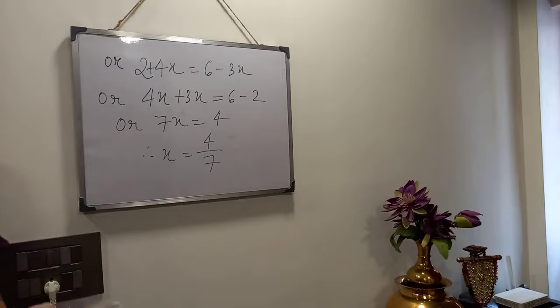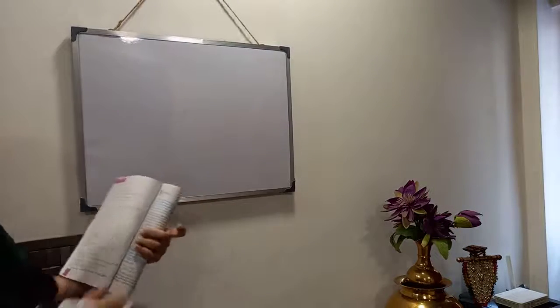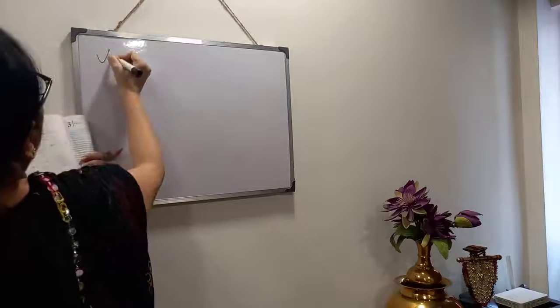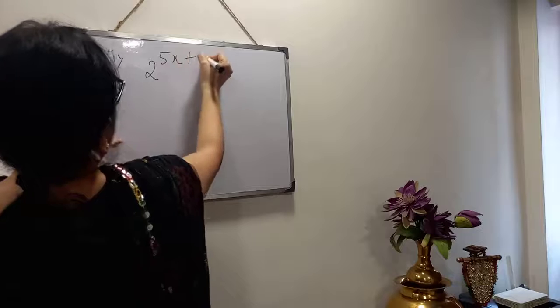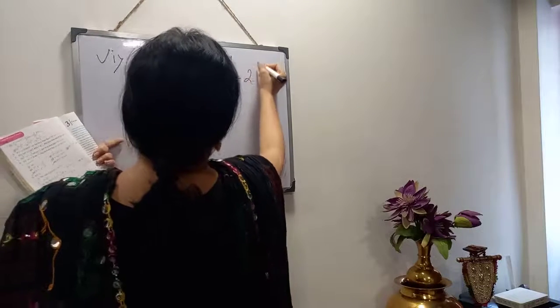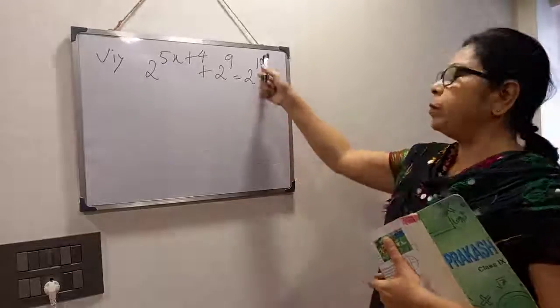Now next one, again in terms of 2. Number 6. Now here what I will do, you see, there is 2 to the power 9 and there is 2 to the power 10.